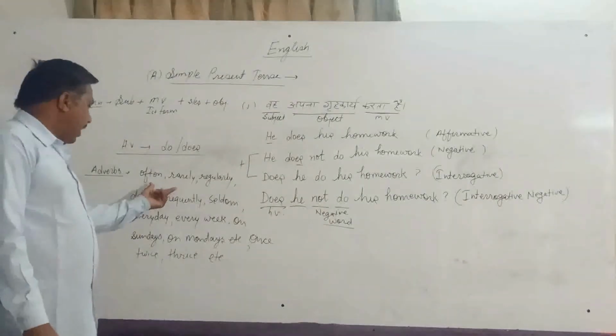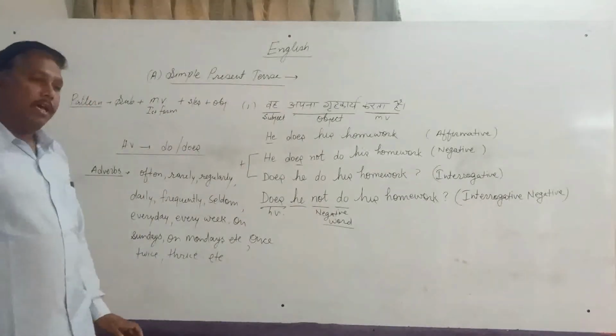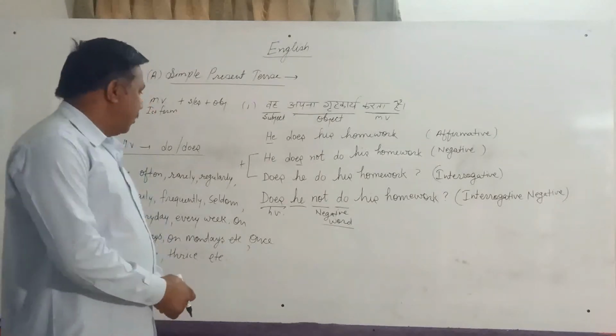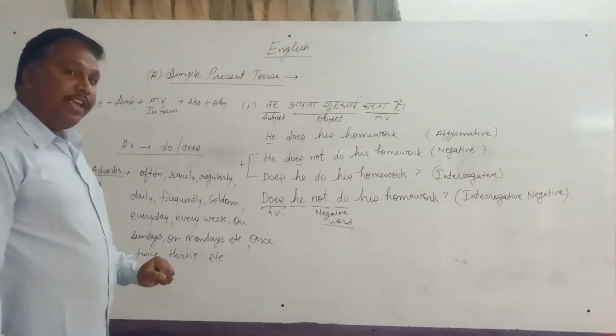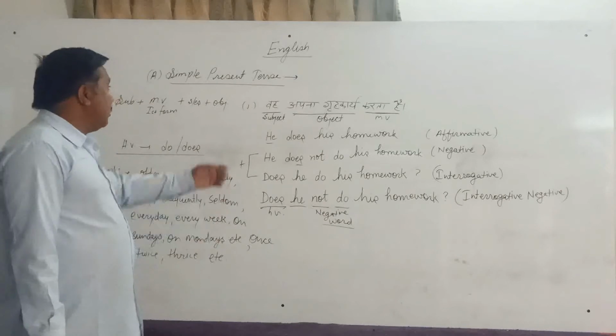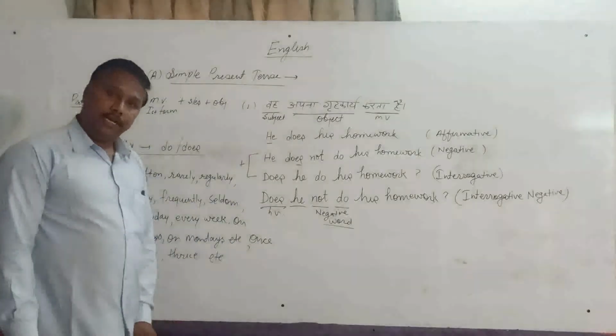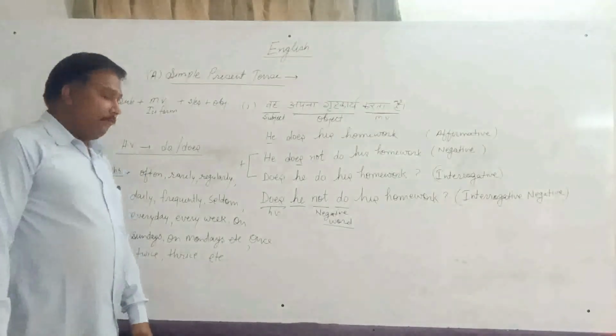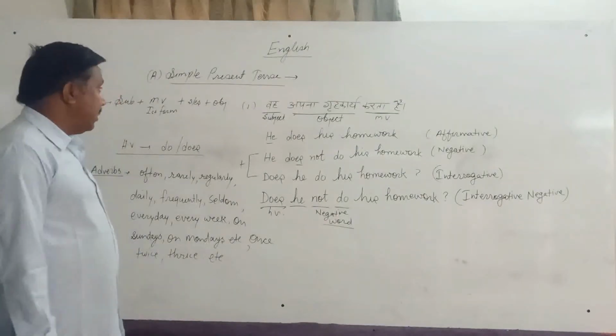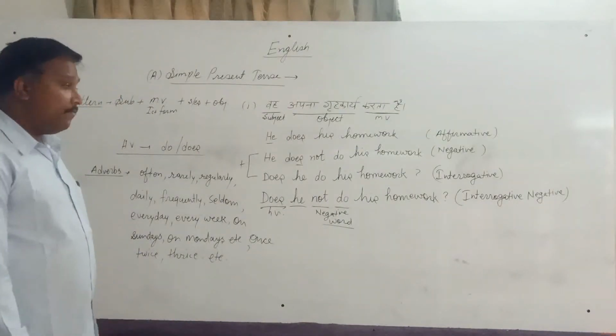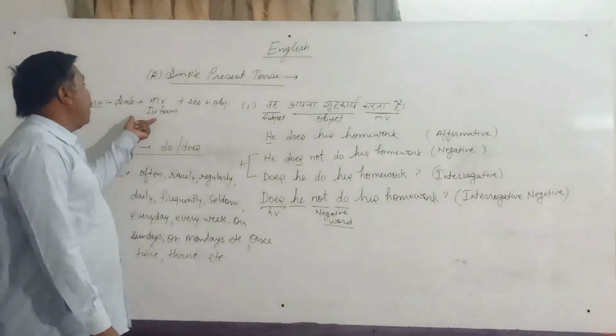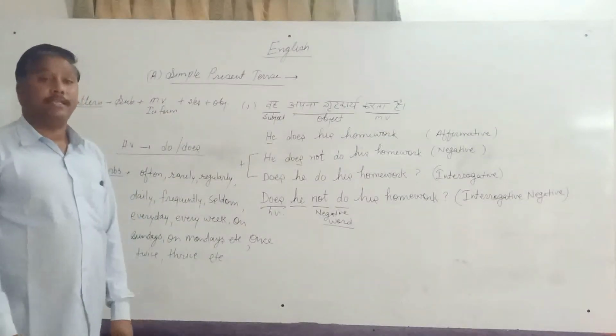When we find these adverbs in our English sentence, we can judge or identify that it's a simple present tense sentence. If we confirm that it's a simple present tense sentence, then we have to apply this pattern of sentence.